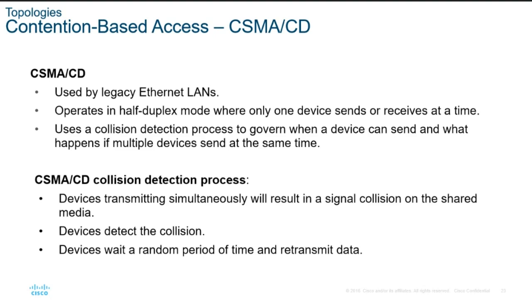It operates in half duplex mode where only one device sends or receives at a time, and uses a collision detection process to govern when a device can send and what happens if multiple devices send at the same time. In the detection process, devices transmitting simultaneously will result in a signal collision on the shared media. Devices detect the collision, wait a random period of time, and retransmit the data.